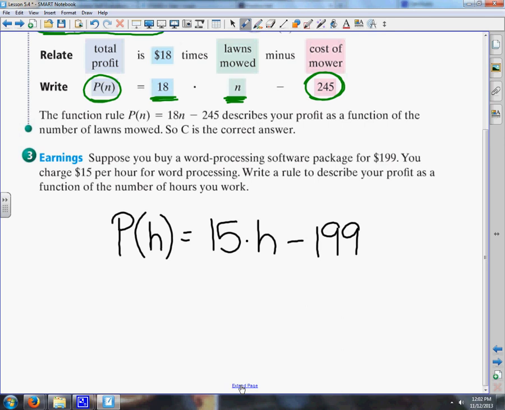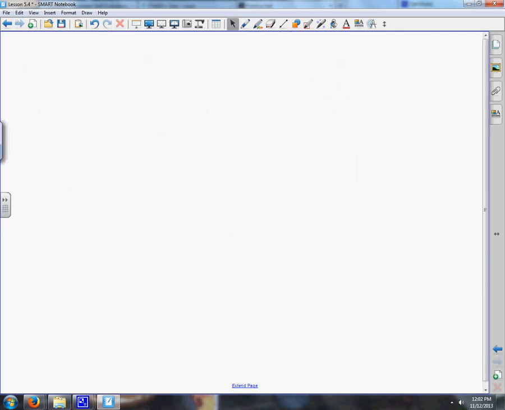This just says write a rule to describe your profit, so this is all I'd have to do. This is a function rule where I have my function at the front, P of H, equals $15 times hours minus $199. All right, that's it for your notes.